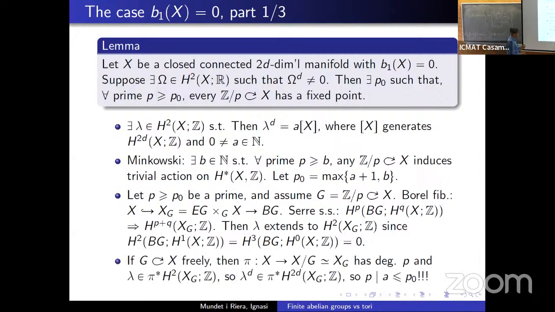Okay, and now, continuing with the assumption that the action is free, and using this identification of the quotient with the Borel construction, it turns out that the class lambda is going to be equal to the pullback of some integral cohomology class here through the projection. And this, of course, contradicts the fact that lambda to the d is A times x, where A is non-zero. Okay, so this way you prove that any action of Z mod p has a fixed point.